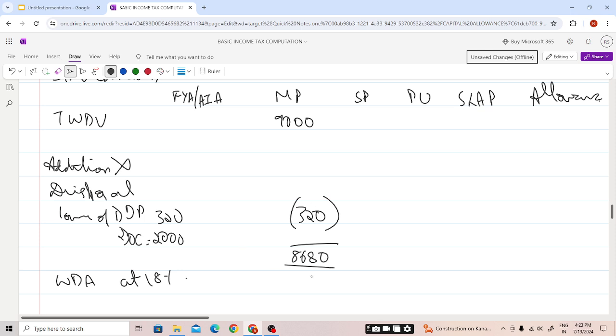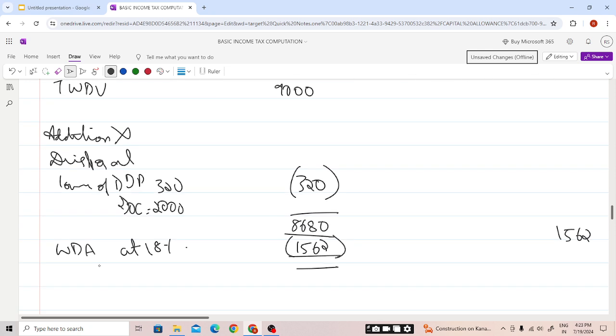Now WDA at 18%, and it is for a 12 month period, so no need to apportion. So this will be 1,562 allowance. This will give rise to the tax written down value carried forward of 7,118.